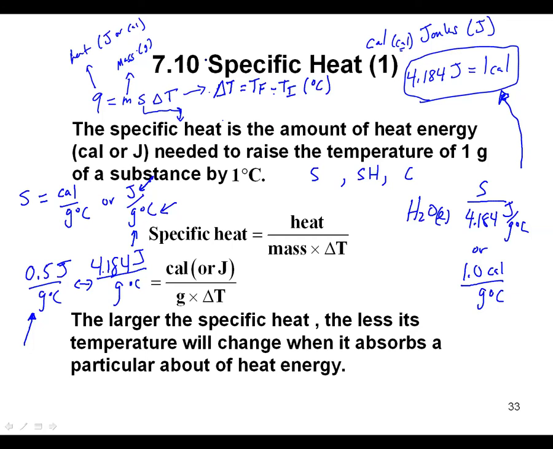When we talk about global warming and the ocean's temperatures changing, because there's so much water, it takes an incredible amount of heat just to move the temperature by 1 degree Celsius. That's why it's significant when it does move by just 1 degree Celsius, because that's a lot of energy.